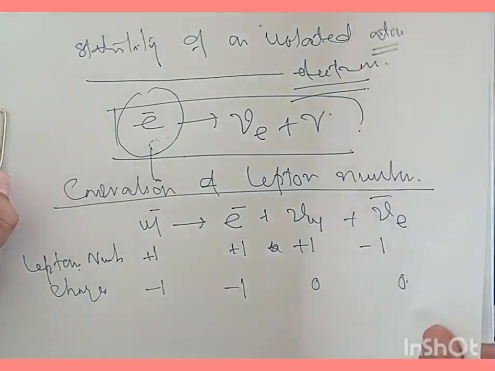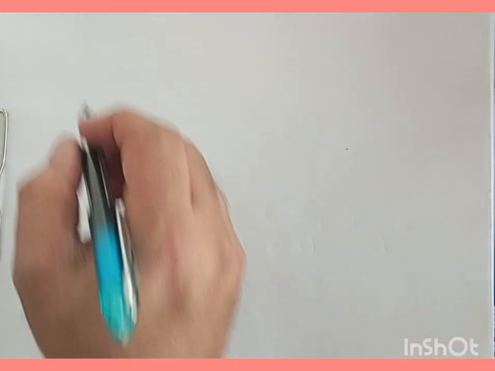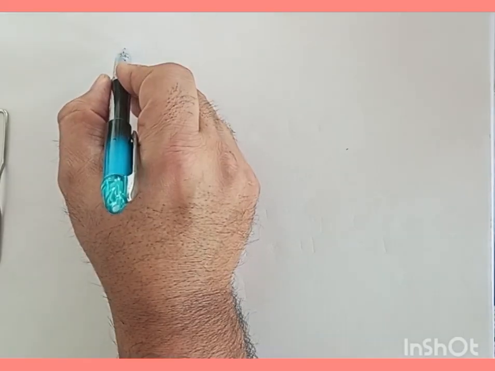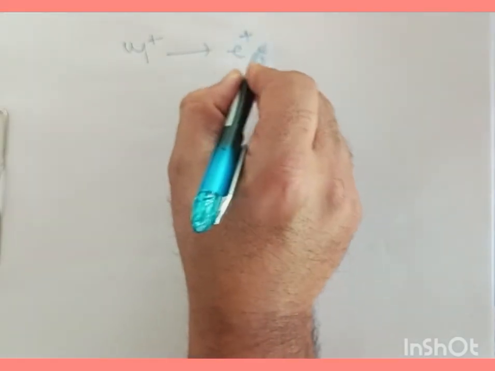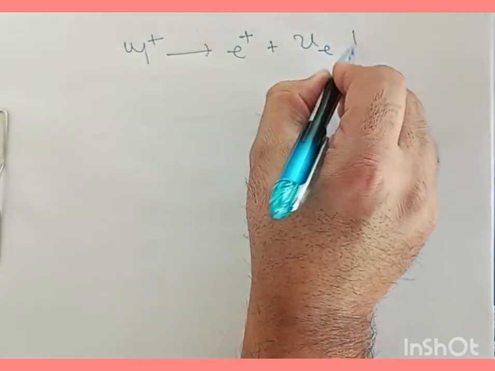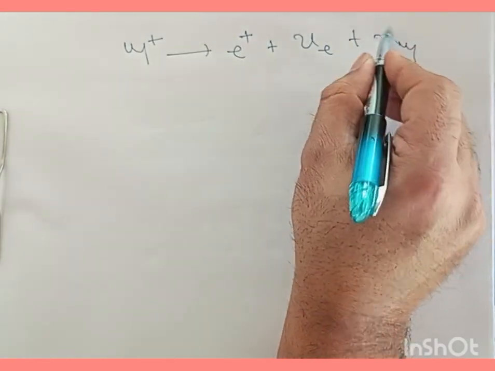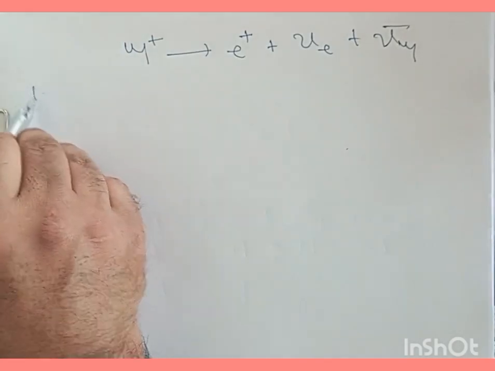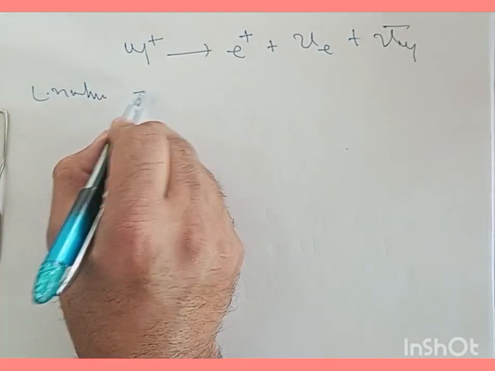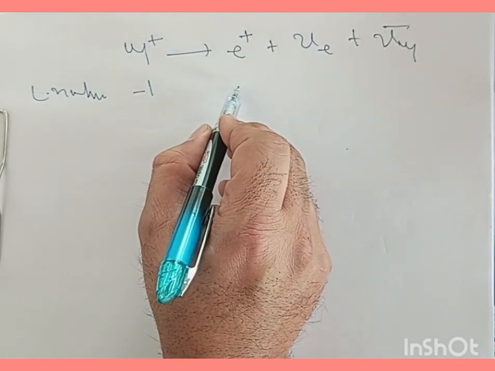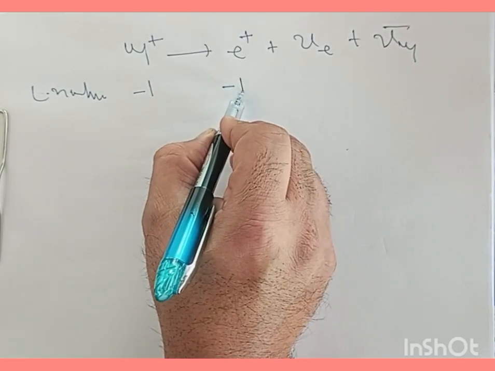Similarly, if I take another decay process, mu positive going to e positive plus nu e plus nu mu bar. For this mu plus, the lepton number is -1. For this e plus, the lepton number is -1.